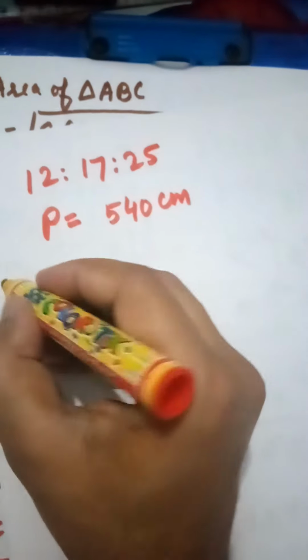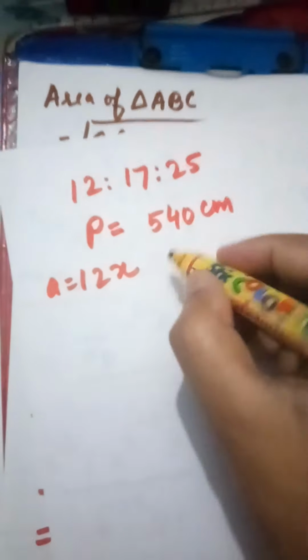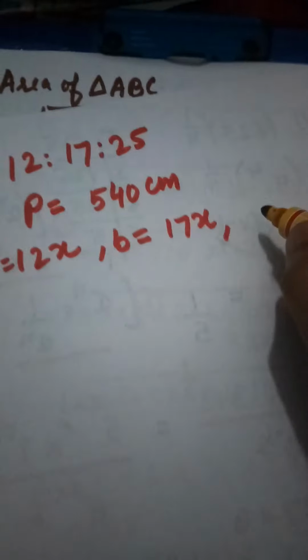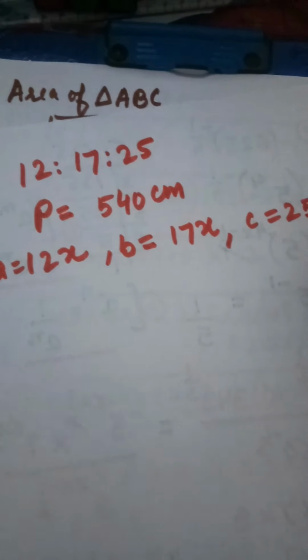So what does perimeter mean, children? Perimeter means sum of all sides. So let the first side be 12x, second side 17x, and third side 25x. So you have obtained all three sides here now.